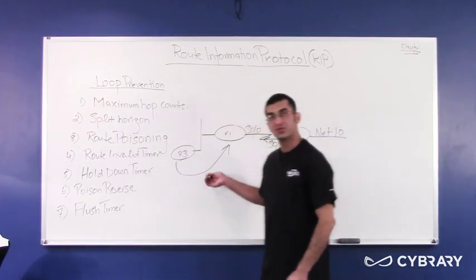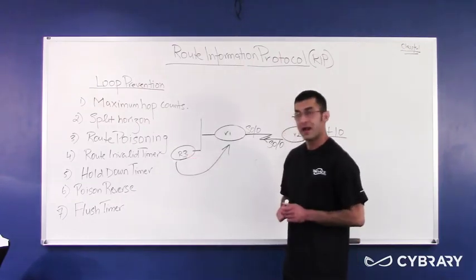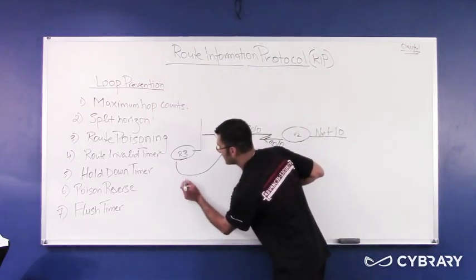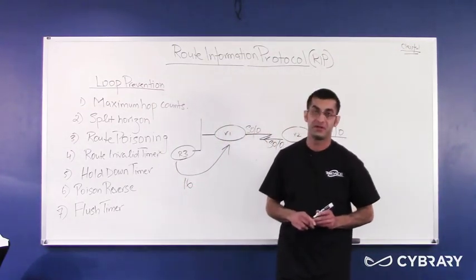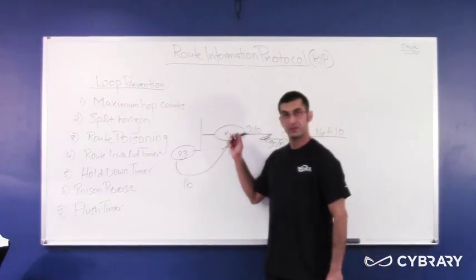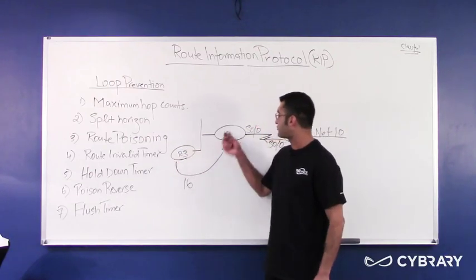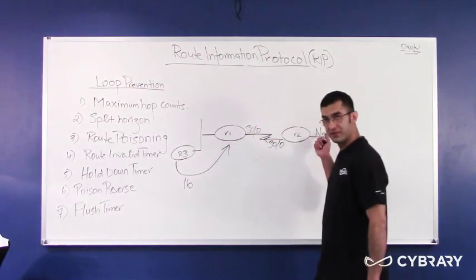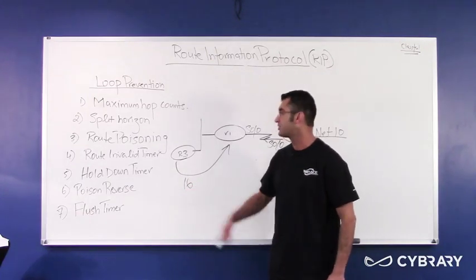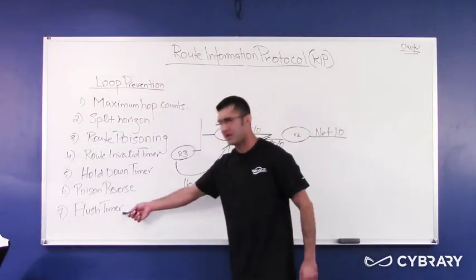That process is called poison reverse. So basically, router 3 will send an update about network 10 back to router 1 with a hop count of 16, which in RIP is infinite. So advertising a poisoned route back upstream towards the origin of the network with an infinite or unreachable metric is called route poisoning.